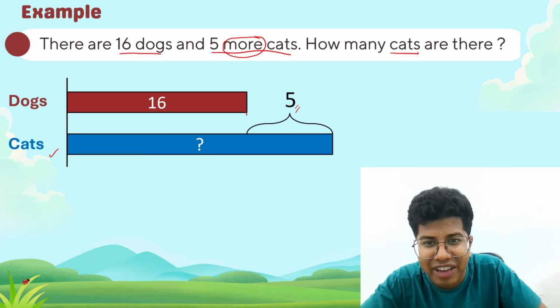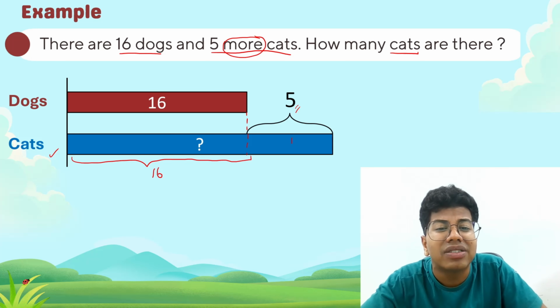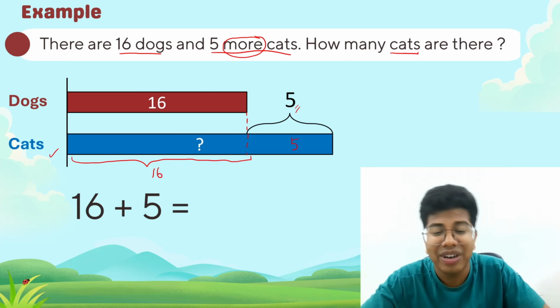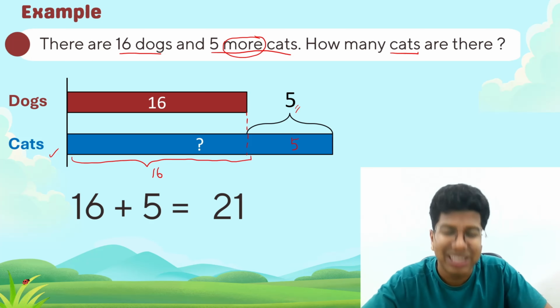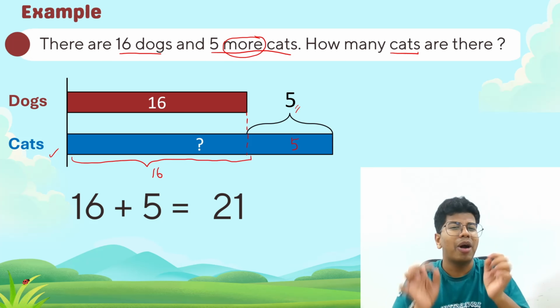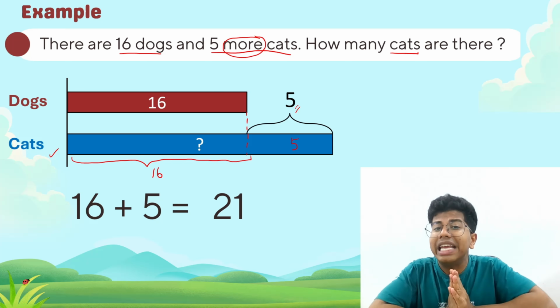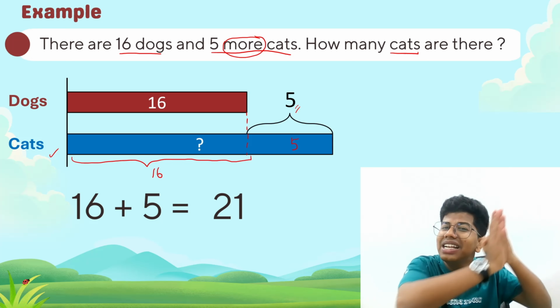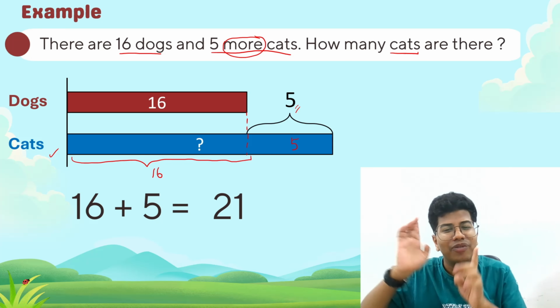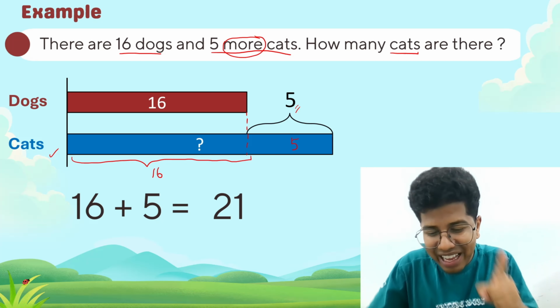We can observe here, the rectangle till here is nothing but 16. And this part is 5. So 16 plus 5, that is 21. And that's how we can solve. So it's not just about having an exact value. Even if we know which one is more, we can still draw a model. And with one exact value, we can get the answer.